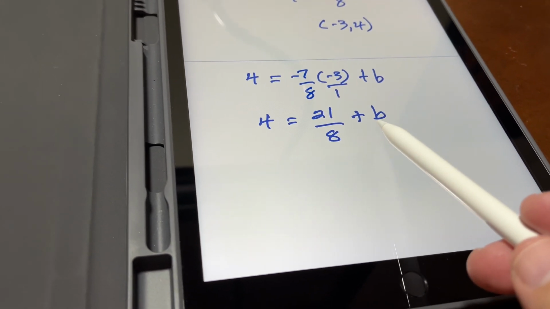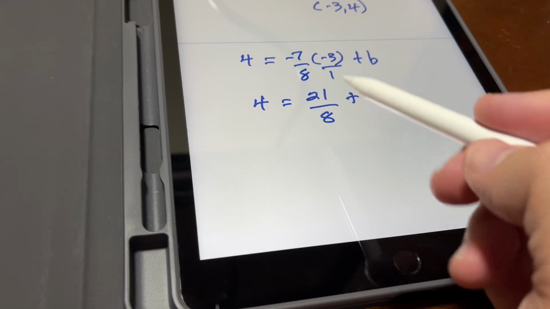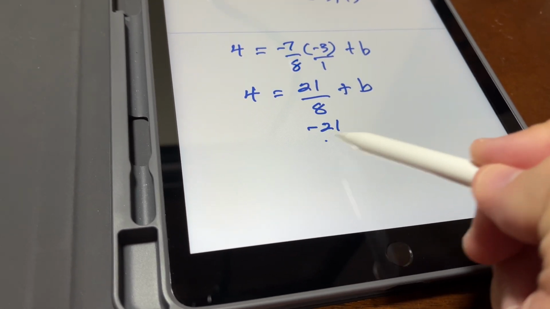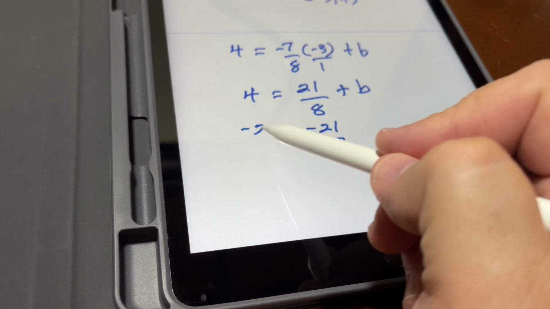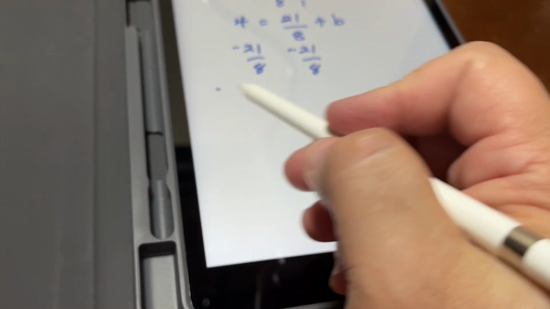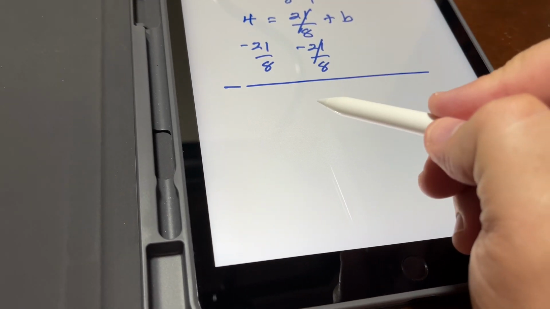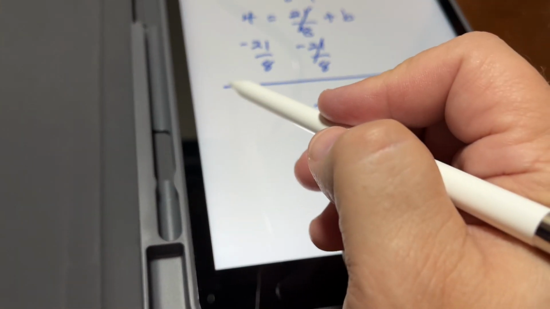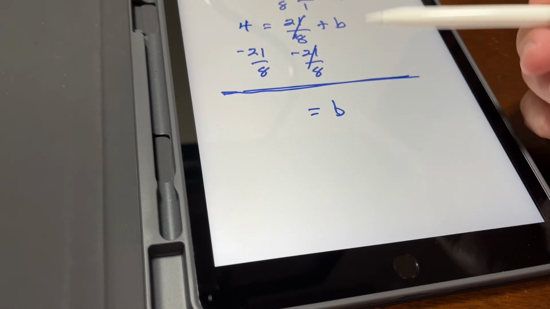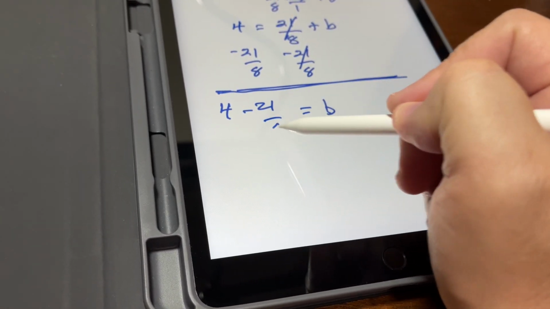Anyway, so I'm solving for b. If you're solving for b and 21 over 8 is being added to it, you want to subtract 21 over 8 from both sides, and notice that these are going to cancel. So I'll just have b left over. So it's 4 minus 21 over 8.